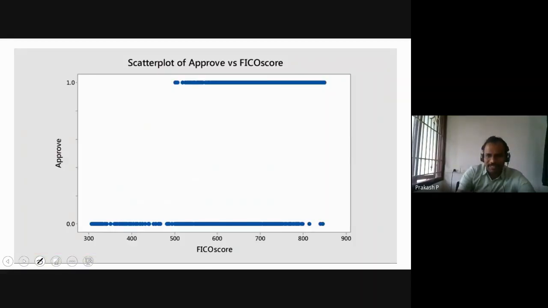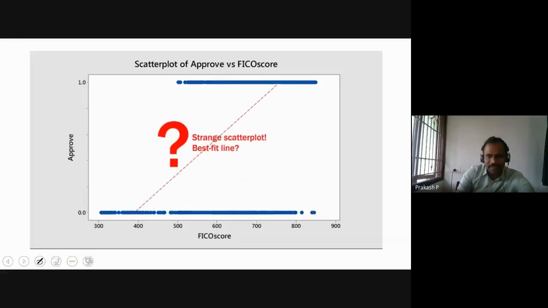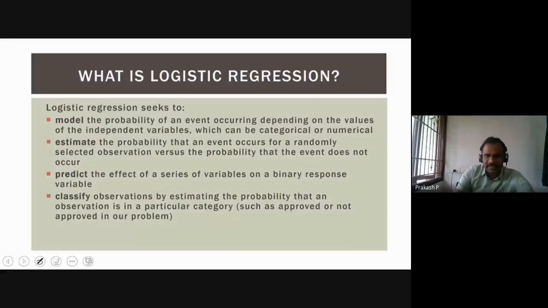If you draw a scatter plot, it comes like this. If you draw a straight line, there is no best fit line. There may be a huge error if you consider linear regression. Then we go for something called logistic regression. So we need to model the probability of the event occurring, then estimate the probability, then predict based on the estimation, and after the prediction, classify.